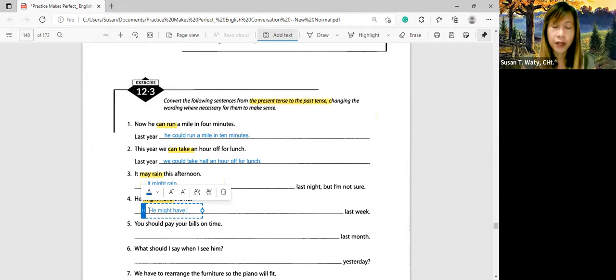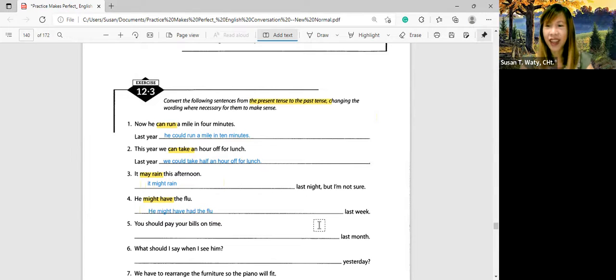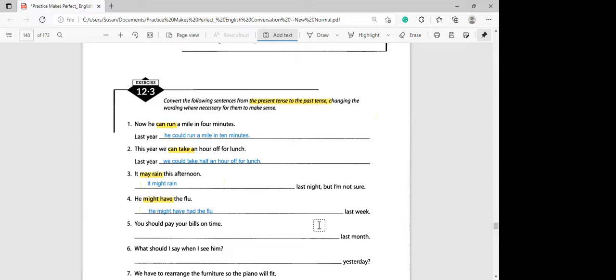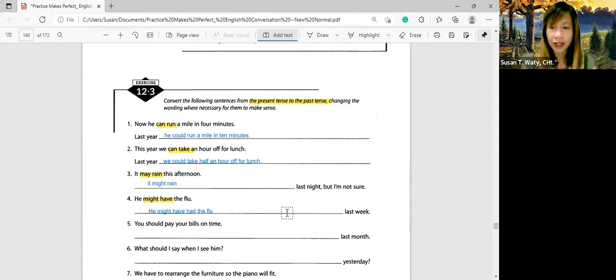Now the verb there in the first sentence is have. So on "he might have," we're going to turn that have into had. He might have had the flu. Okay, that's how we change it. Remember that. Yes, thank you, Rizky. You're welcome. Excellent.